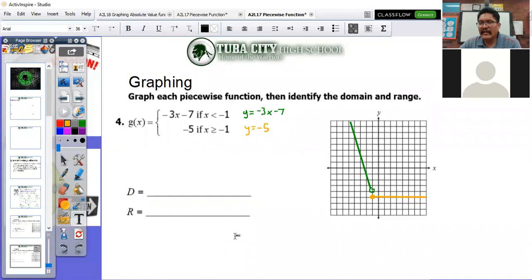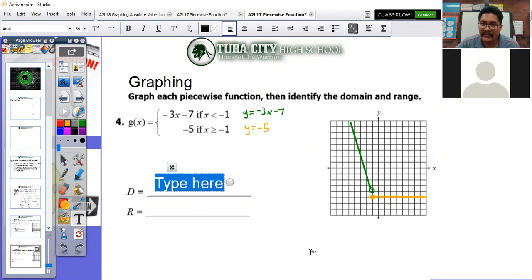Now, sometimes these domain and ranges get pretty tough. With the domain, the main thing you're looking for is if there are any holes or gaps in this line. So if I'm passing a vertical line from the left moving to the right, we go down the green line and then we run into an area with a hole on the green line.